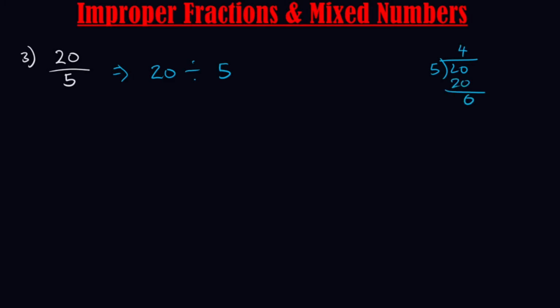The remainder is 0. So what would we do? We'd write 4. So we know that 4 is the whole number. But what would be the proper fraction? 0 over 5? So no, we would just write the 4. So the answer is 4 wholes.